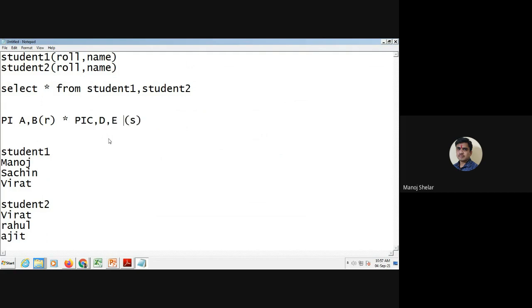So this is a query of relational algebra. Pi is the actual notation here.